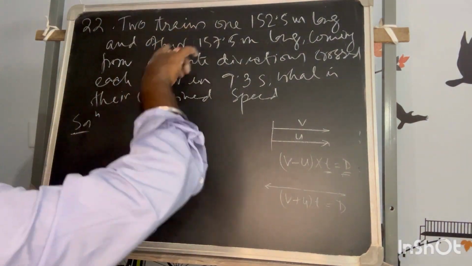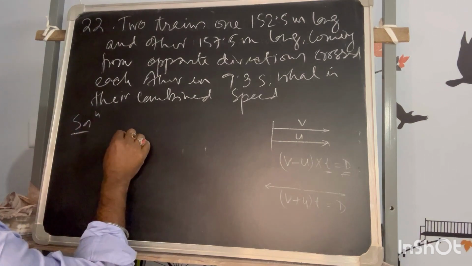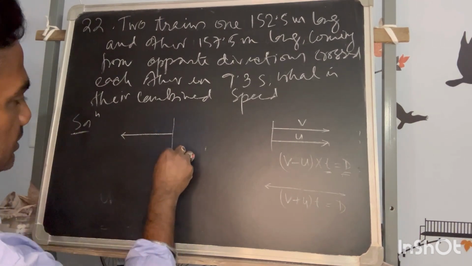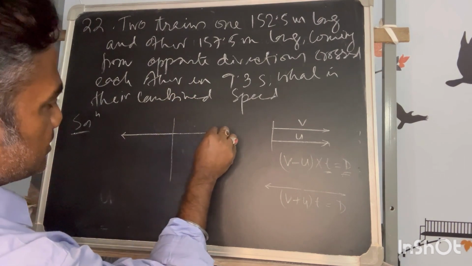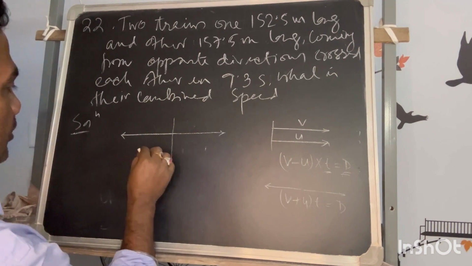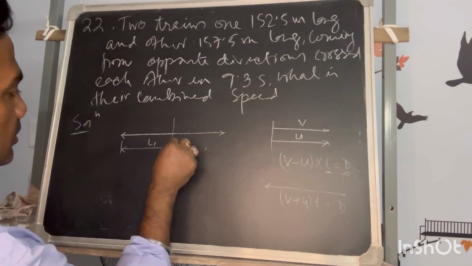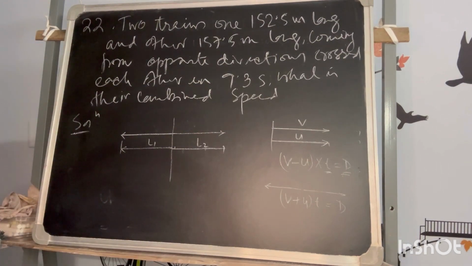So now this is just like a relative thing. Why? When trains are passing each other, if I say there is an imaginary line, while their backs are just crossing that line, there will be a distance equal to the length of the respective train. This has to be crossed.